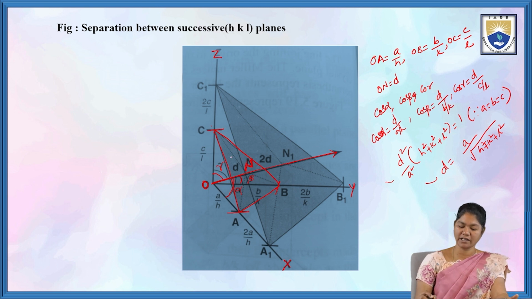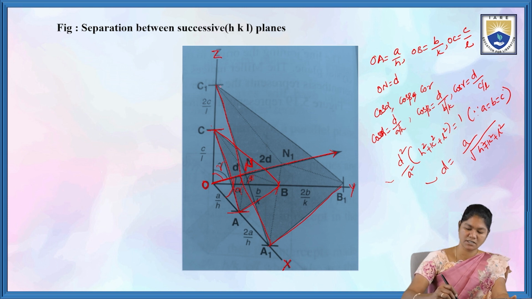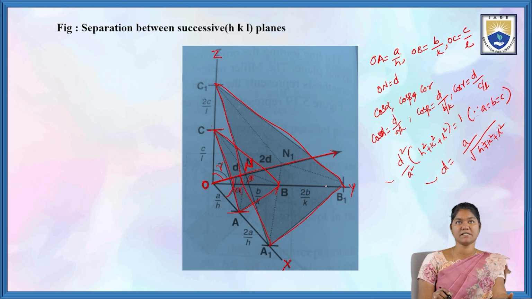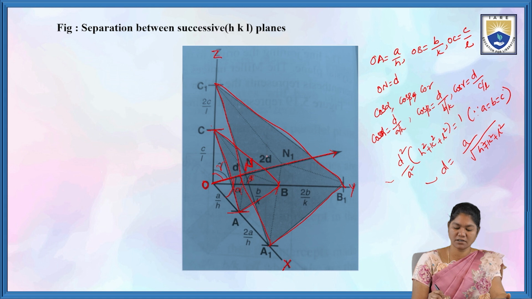Now we are taking another plane. The other plane is intercepting at A1 on the x-axis, B1 on the y-axis, C1 on the z-axis. So the distance from the origin to N1 is 2D.